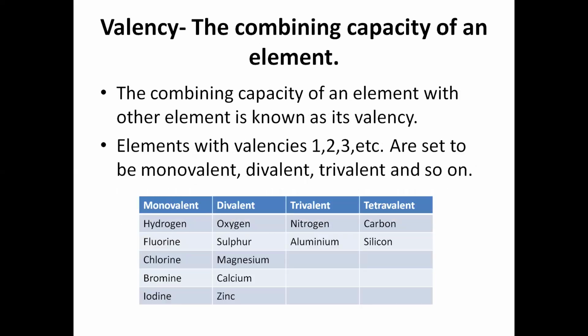Next is valency, the combining capacity of an element. Now the question can be asked, what is valency? So you should know the definition. First point, the combining capacity of an element with another element is known as its valency.